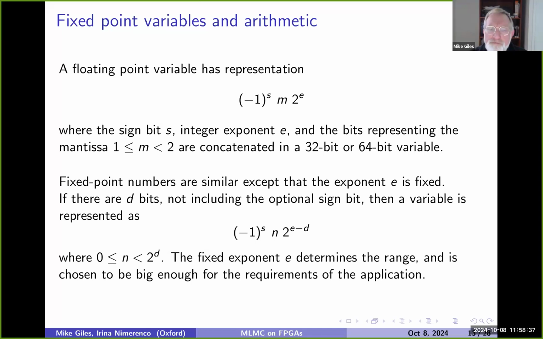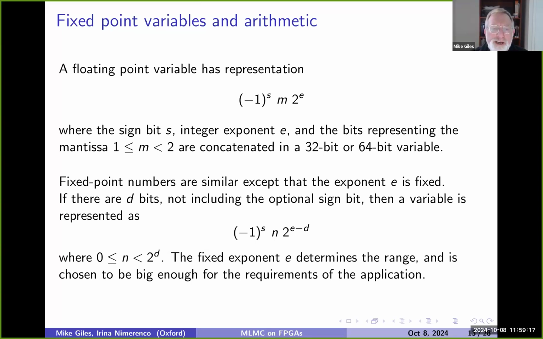Now, fixed point numbers are very similar, except that the exponent e is fixed. It's hard-coded in your program. If you have d bits, not including the sign bit, which you may or may not need for the variable, then you represent your variable as -1 to the sign bit times an integer n, which is between 0 and 2 to the d minus 1, times 2 to the e minus d.